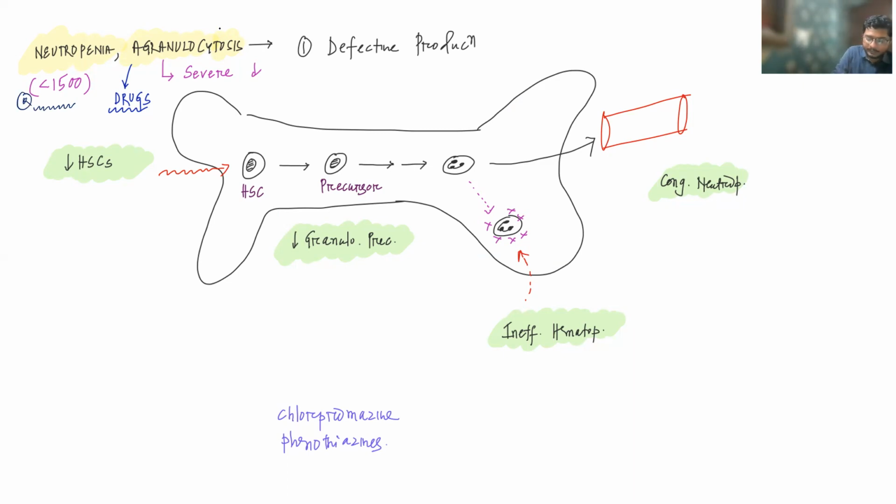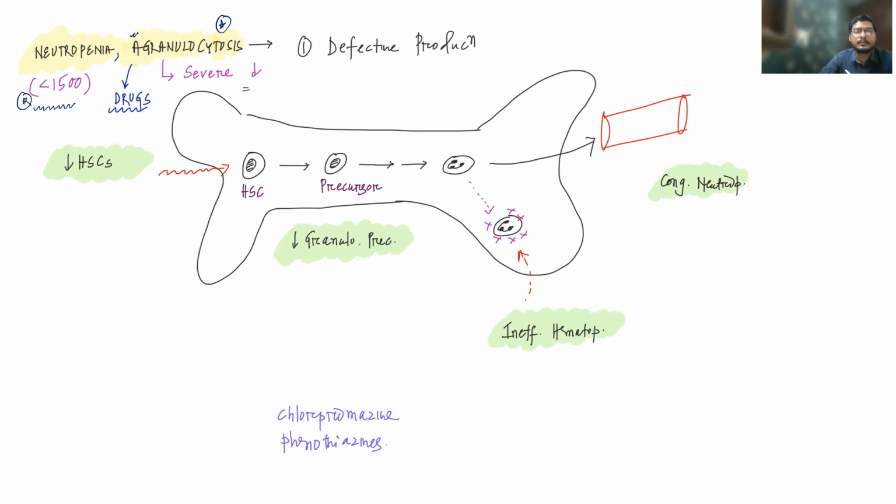Then what is agranulocytosis? Agranulocytosis is nothing but a severe form of neutropenia, which is associated with life-threatening infections. Usually, whenever you have severe neutropenia, that means an absolute neutrophil count of less than 500, those patients will have an increased risk of life-threatening infections, and that condition is known as agranulocytosis.